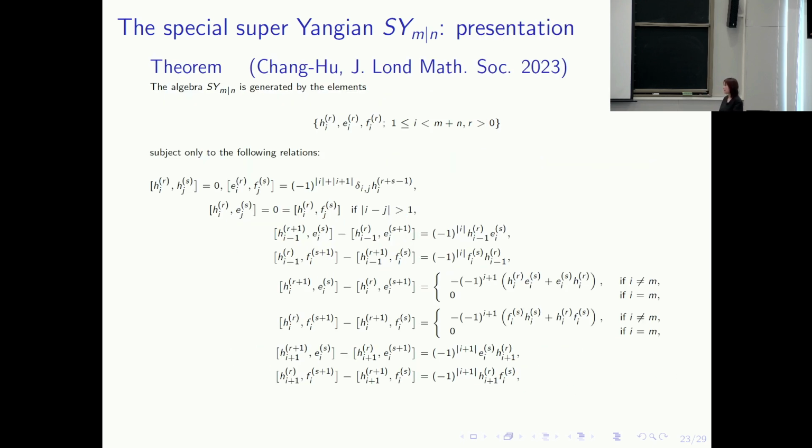Okay. Then with the Drinfeld-type presentation of the super-Yangian Y_{M|N}, we can prove the Drinfeld presentation of the special super-Yangian in this theorem. It is not difficult, but very complicated.